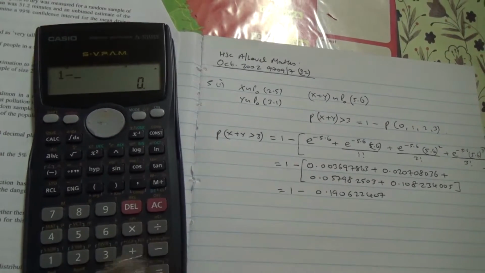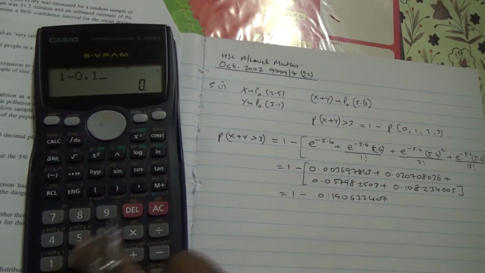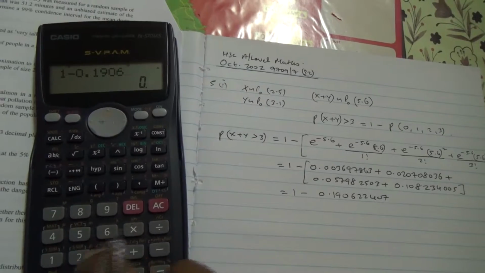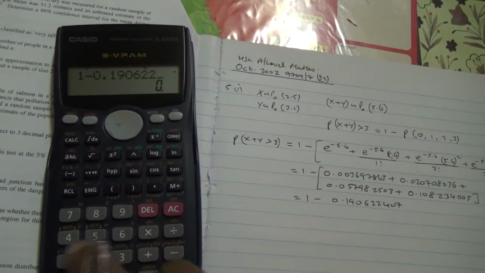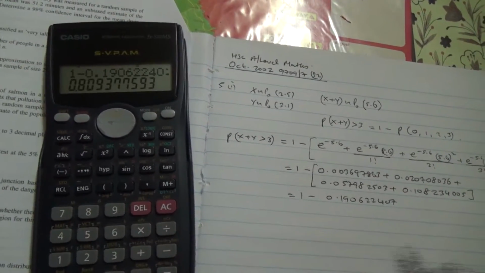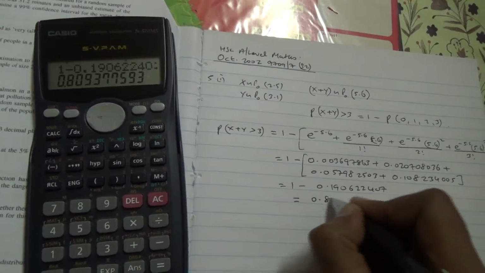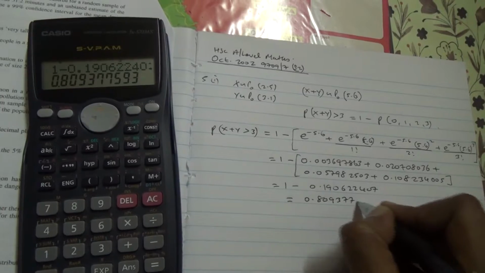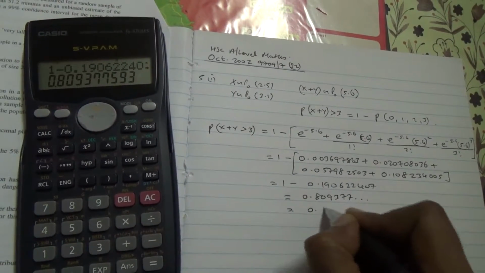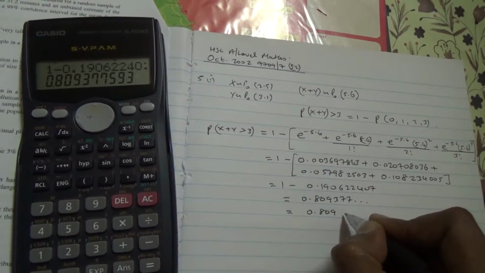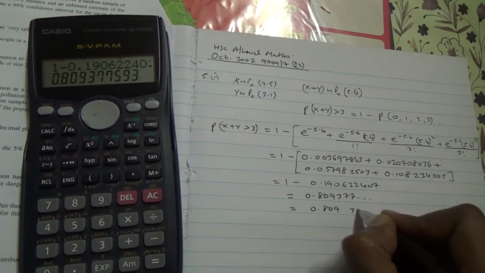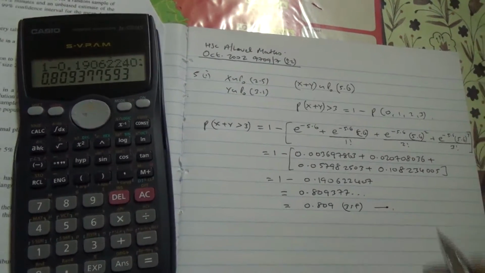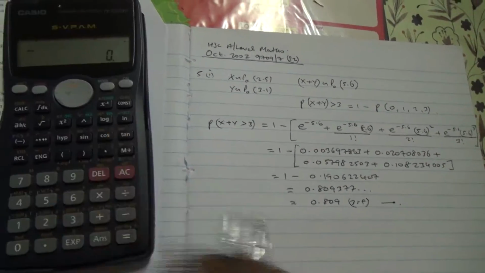So therefore 1 minus 0.190622407 is 0.809377 and so on. Therefore the answer is 0.809 to 3 significant figures. Here we are for the first part of the question.